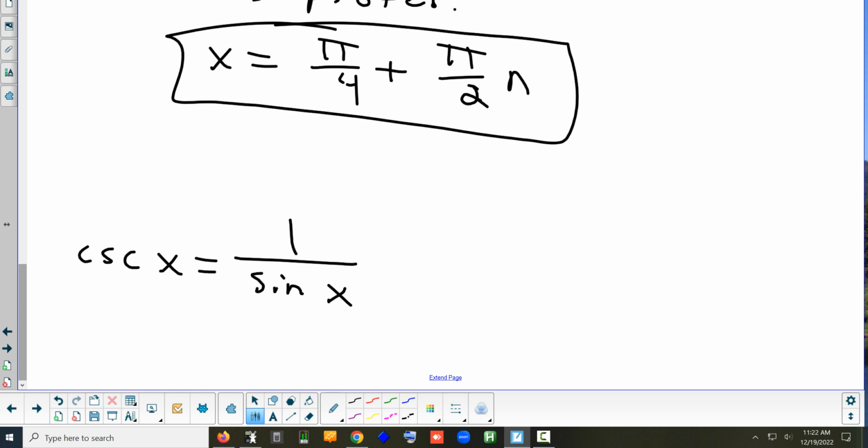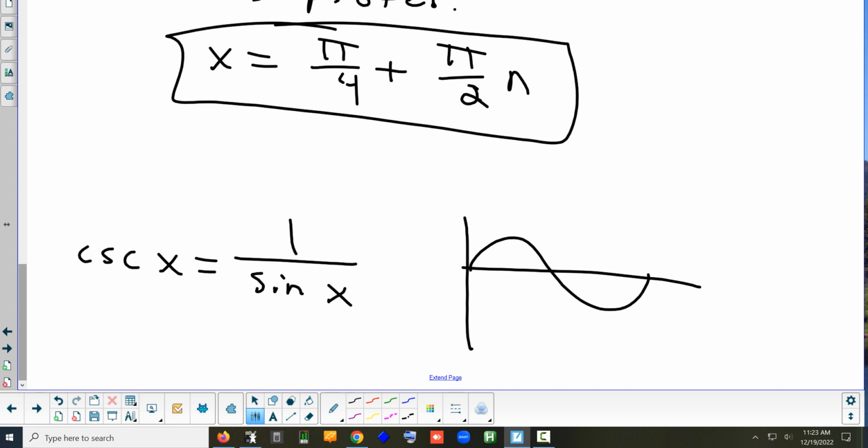It's going to have undefined values, which when you graph it means asymptotes. Now, think of sine. There's a cycle. Everywhere that sine crosses 0, crosses the x-axis, that's going to be an undefined value. Does everyone agree that this is one cycle of sine? Yes. Okay. How many times does that cross the x-axis?